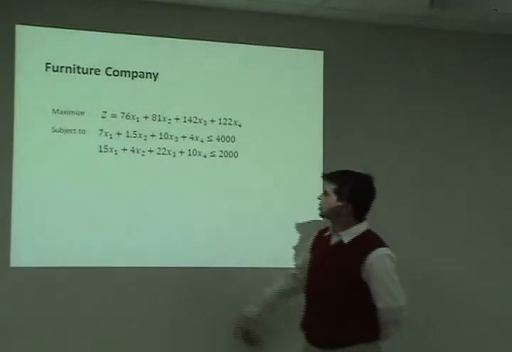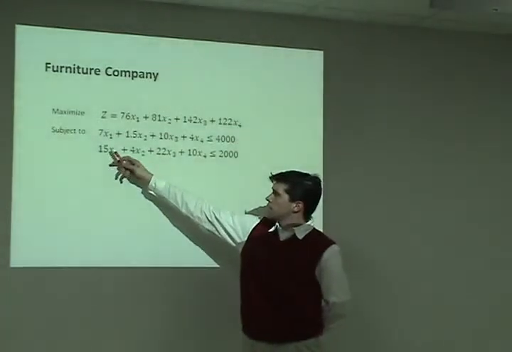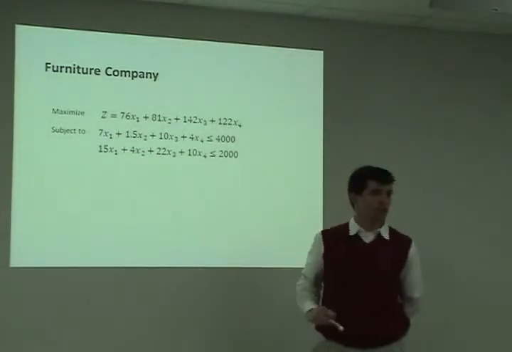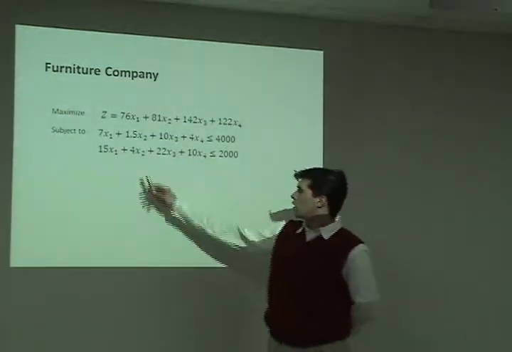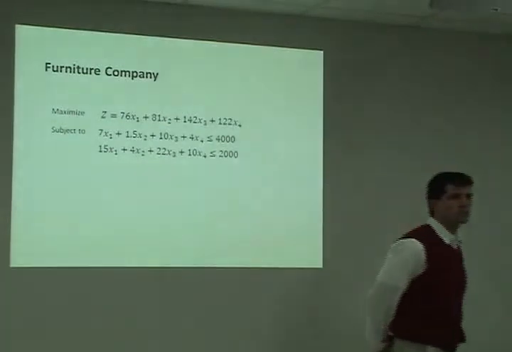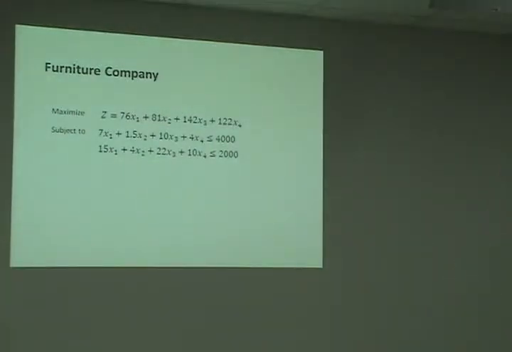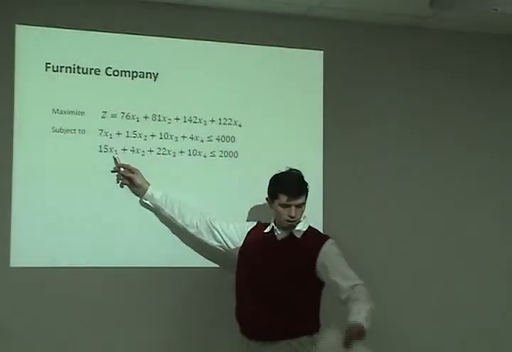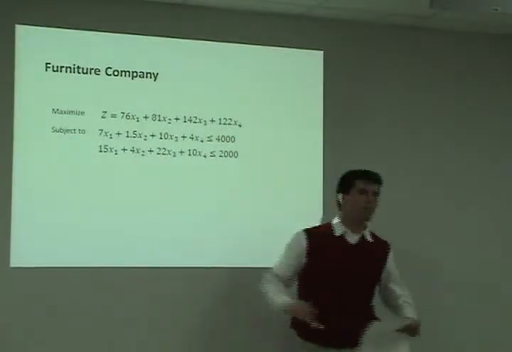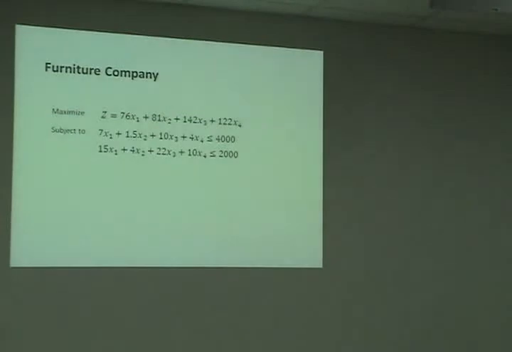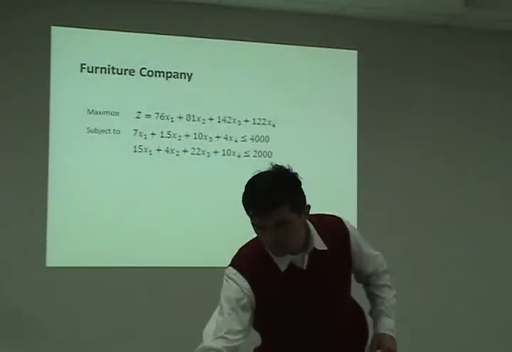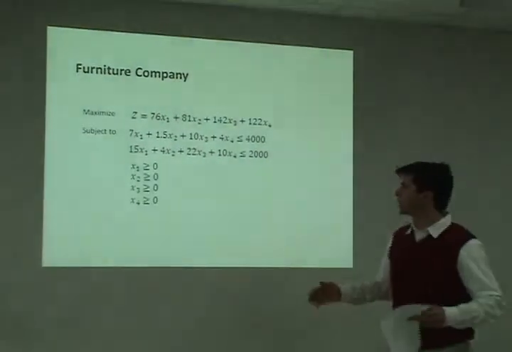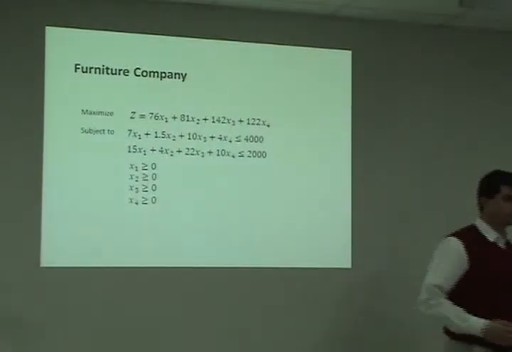How about if I produce 100 desks and minus 200 chairs? That doesn't make sense, right? It doesn't make sense. So that's why we're going to need an additional constraint. We need to make sure that all these variables are going to be positive.